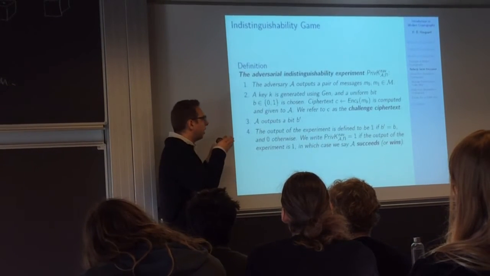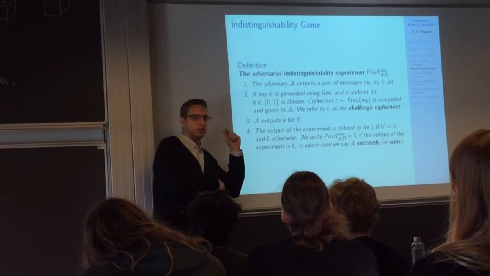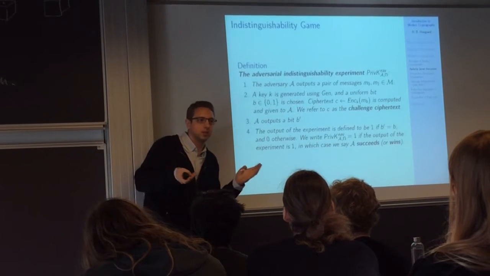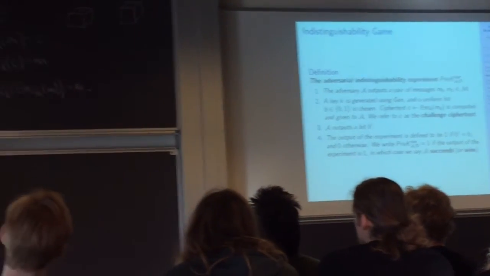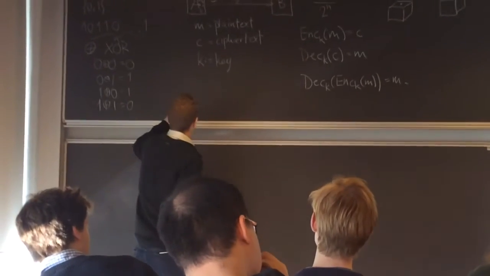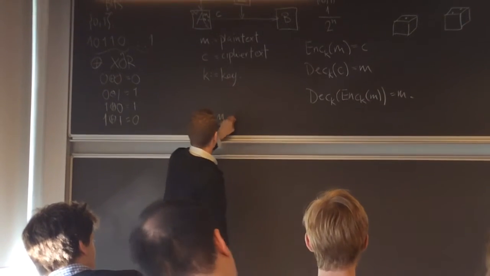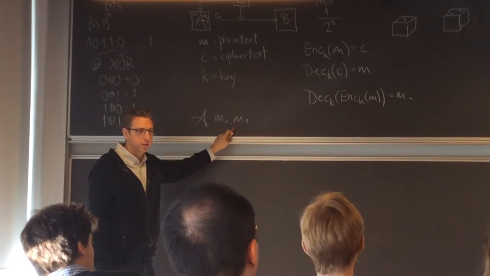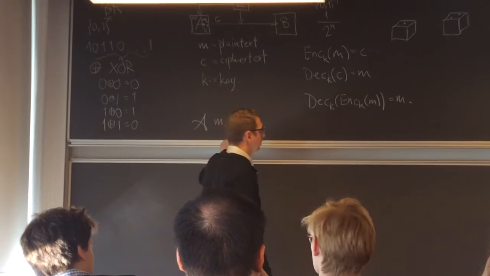We say, in the best of conditions for the adversary, what's the chance that he wins, that he can guess which message he's sending? And what we do is, I'm going to write it up here on the bottom, we let the adversary choose 2 messages. How? No one knows, except for him. They have to be the same length, because otherwise it's going to be very easy to distinguish between ciphertexts.